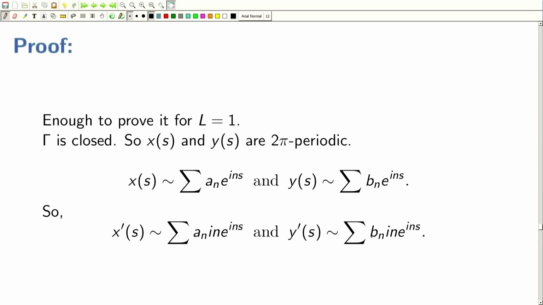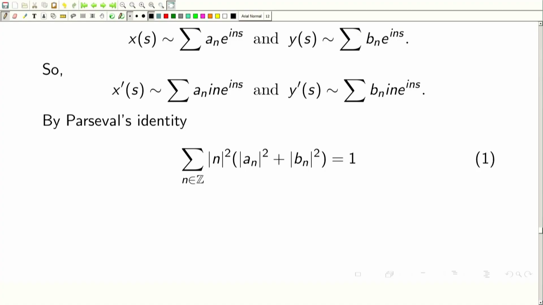Now, as you can see, L is always given in terms of x prime and y prime. So, by Parseval identity, the sum of mod n square mod a n square is equal to the integral of mod x prime of s square ds.